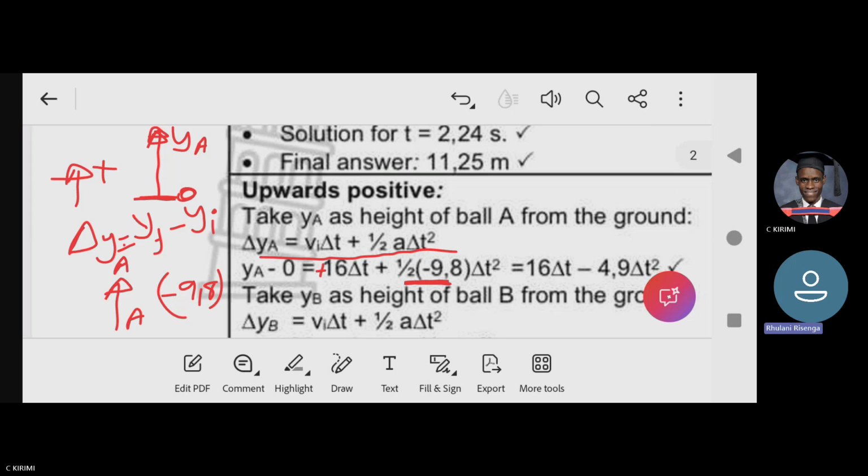Let's say we're taking upwards as positive, right? Is the displacement going to be negative or positive, if ball A was thrown upwards?